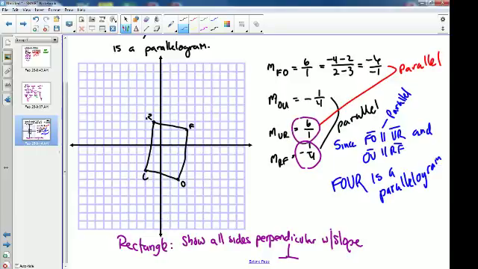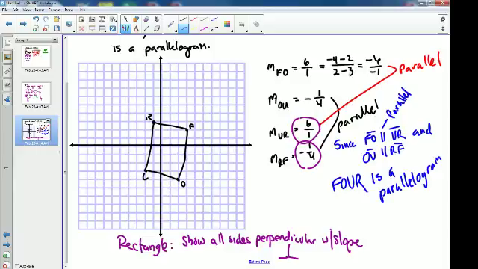Okay, you can move on to a square, right? A square would have to have 90-degree angles, and the opposite sides would all have to be the same length. You're using the distance formula, right? Again, I can't show you every one of those. We'd be here all day.